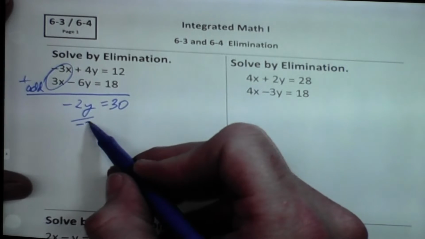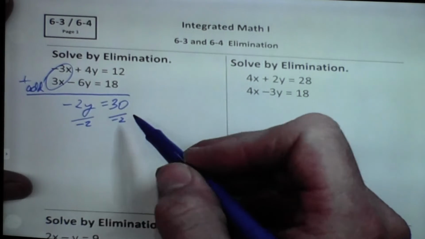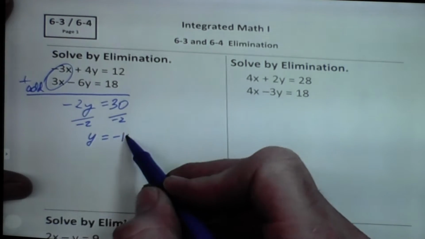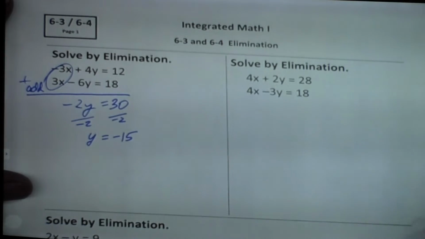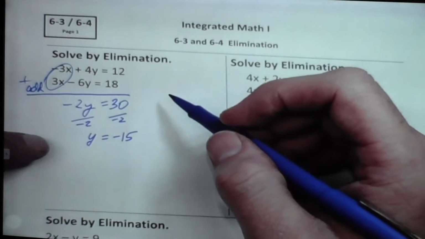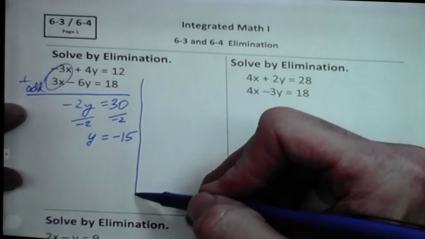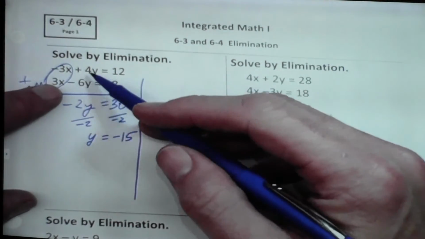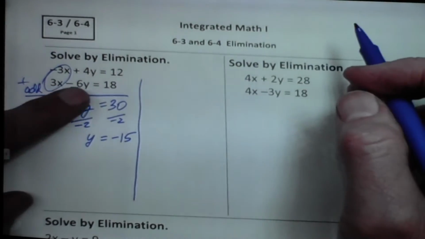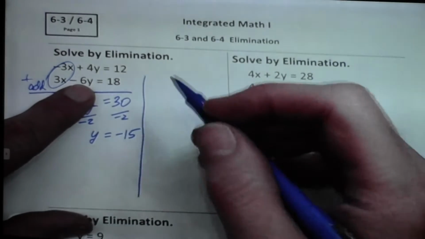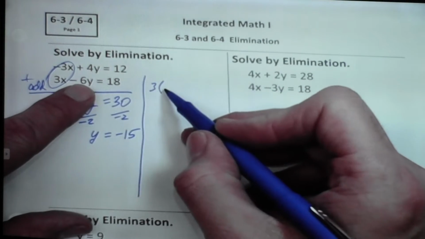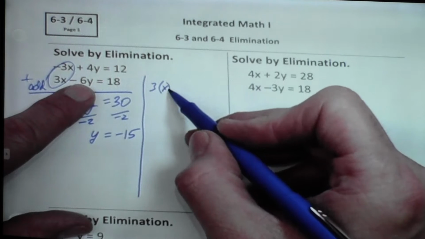When you divide by negative 2 on both of these, you get y is equal to negative 15. And then we need to find what the x value is. So I'm going to take that negative 15 and put it into either one of the equations. I'll put it in this one because then it'll cancel out that negative. So 3, I don't know what x is, so I can't put that in there.